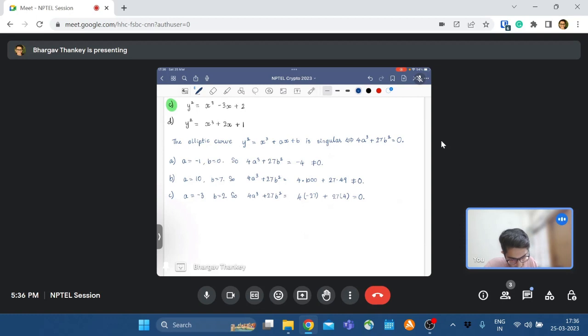And what about D? Again, D can't be singular because both are positive, and 4 times 8 plus 27 is not equal to zero. So the only singular curve is C. Is this fine?